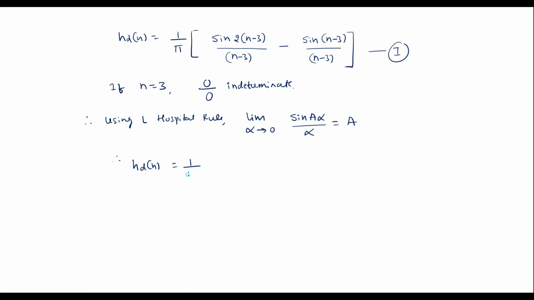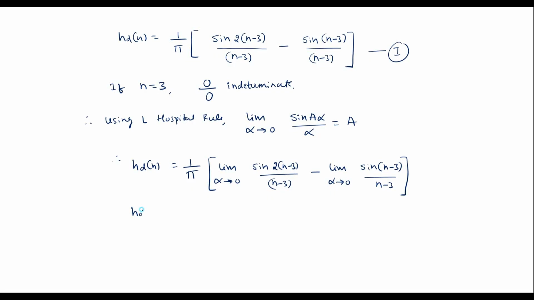I can write hd of n is equal to 1 over pi, limit alpha tends to 0, sine 2 of n minus 3 divided by n minus 3, minus, for this term also I will apply the limit, that is limit alpha tends to 0 sine of n minus 3 divided by n minus 3.